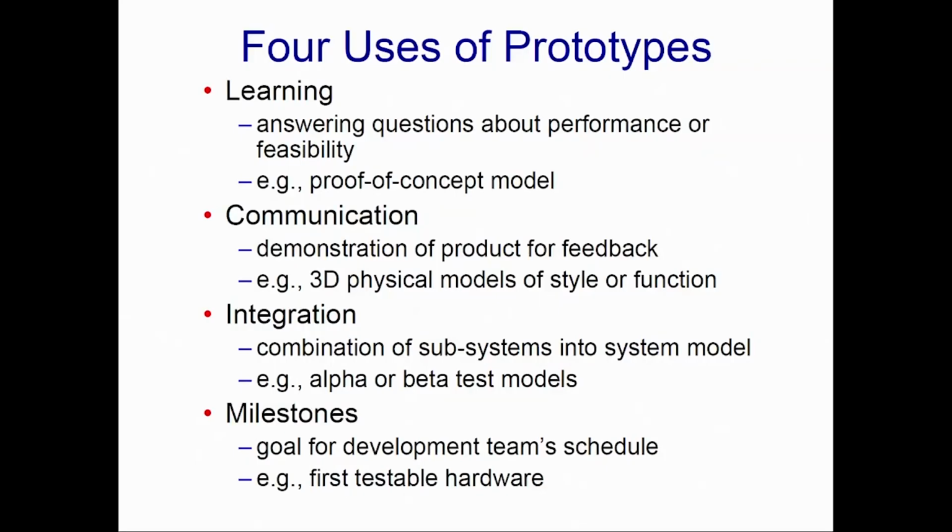Now, the uses of prototypes are learning, communication, and demonstration of a product for feedback, for both the customer, the ultimate end user, and all the people in between, including the manufacturing people. It looks easy to say, but it is actually tough. It is not easy for anybody to understand something which is written.